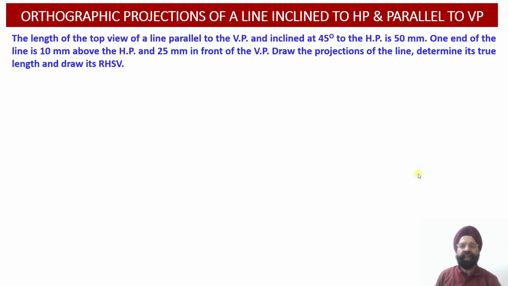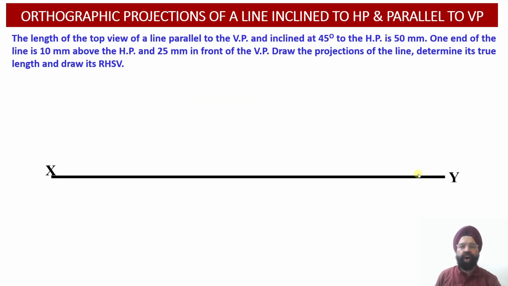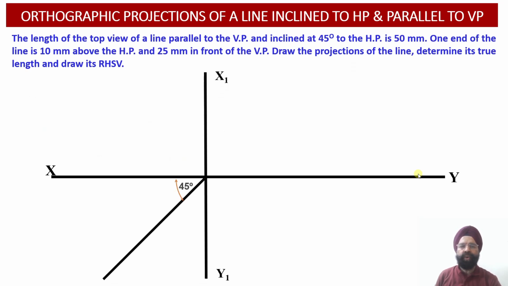So let us proceed with the construction of the orthographic projections of this particular line. Since we are required to draw the front view, the top view projection as well as the right hand side view projections, the front view will be drawn onto the vertical plane above the XY reference line.